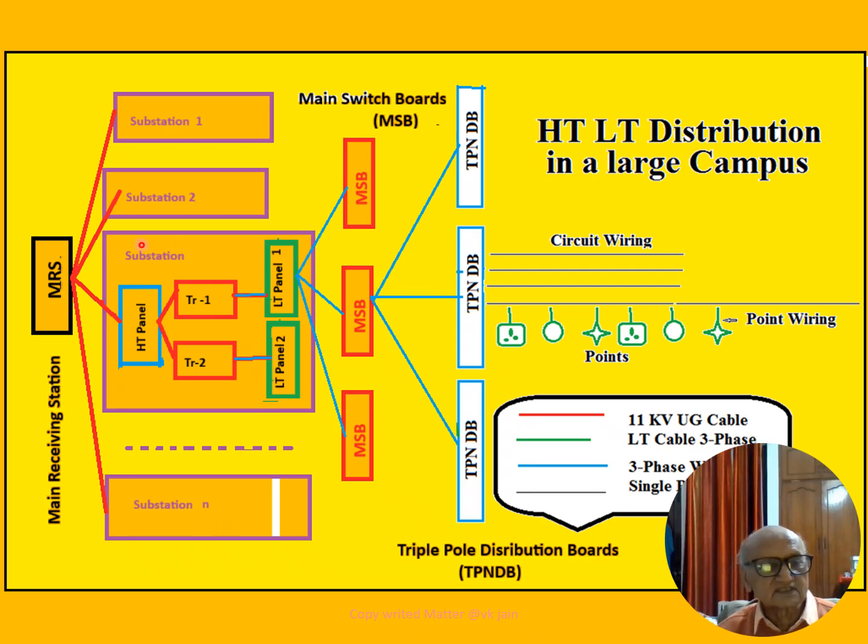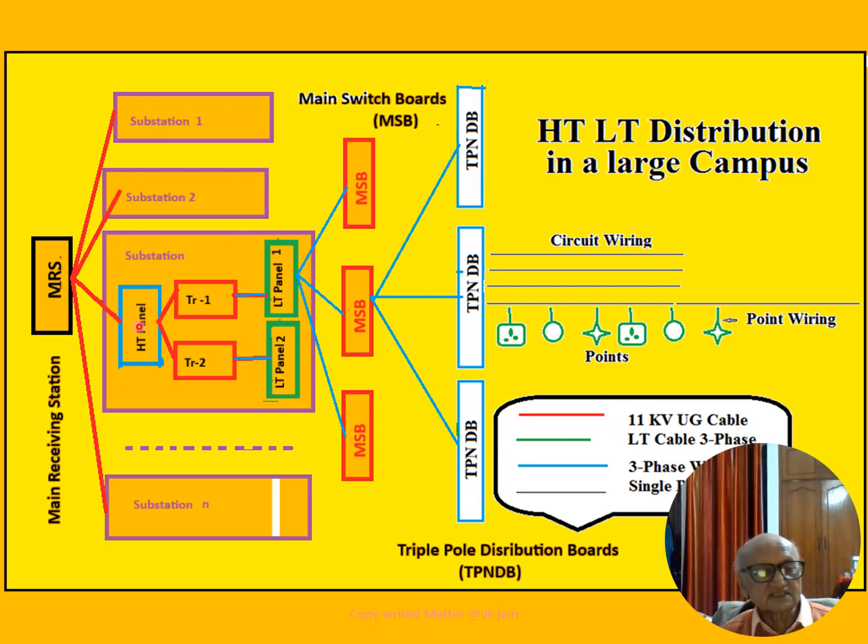Now I will describe the 11 kV system, and from the main receiving station through an HT circuit breaker we come up to a substation, any substation inside the campus. I have described in detail one substation, which is this.